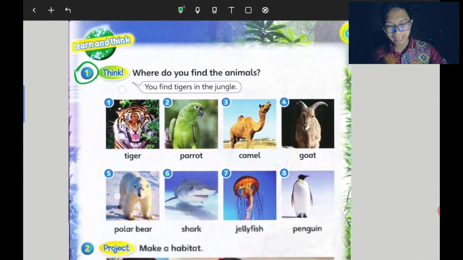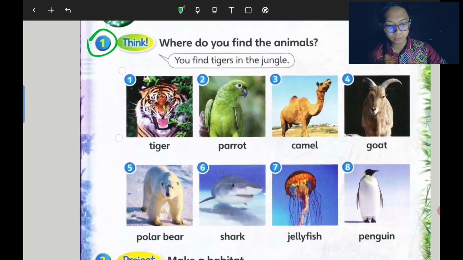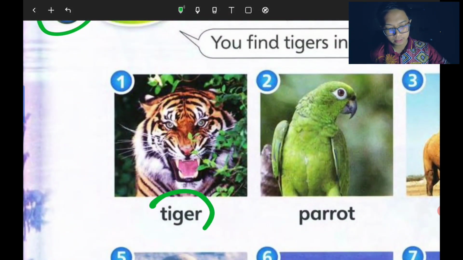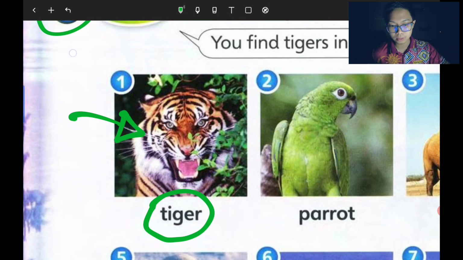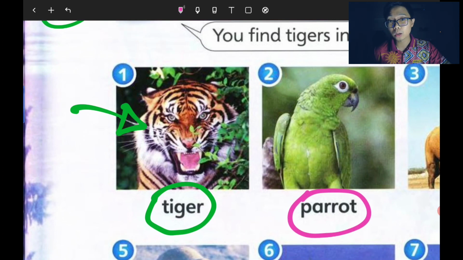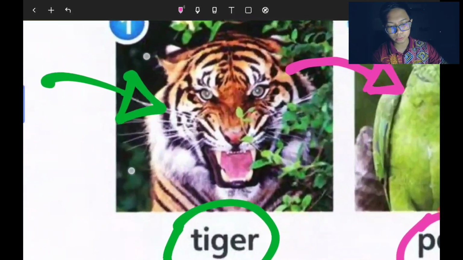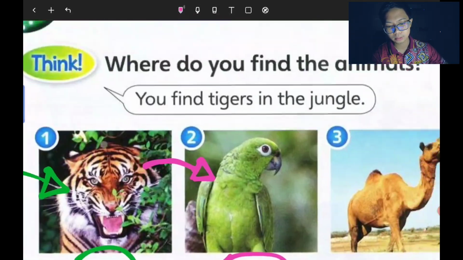Down here we have 8 animals. The first one is tiger. So this is the tiger. Harimau. Wow. Next one we have the parrot. Burung kakak tua. Okay. This one. Parrot. Burung. So where can you find the tiger?